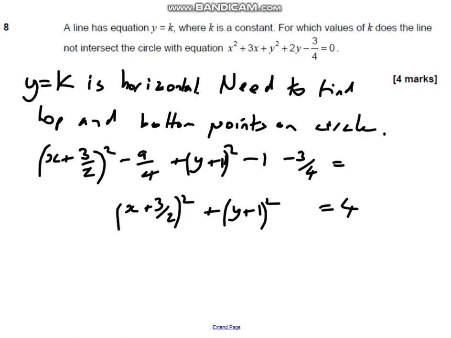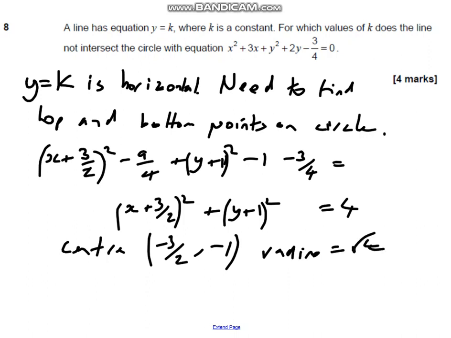So that means we've got a circle now with centre minus 3 over 2. That doesn't matter so much. What matters is the y coordinate being minus 1, and the radius is going to be the square root of 4, which is of course 2. Okay, so that's quite good.